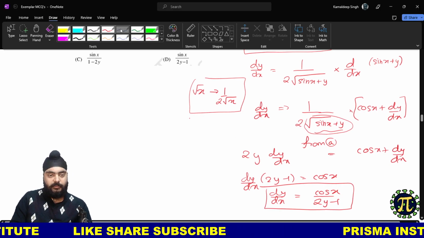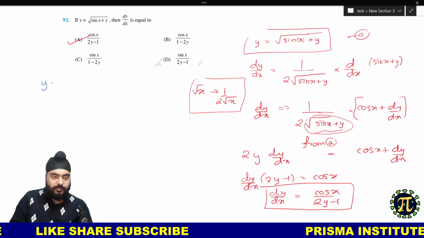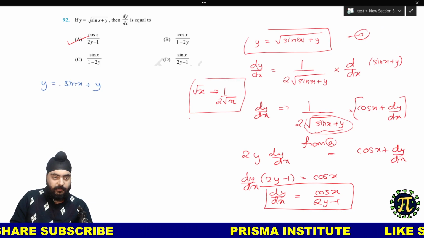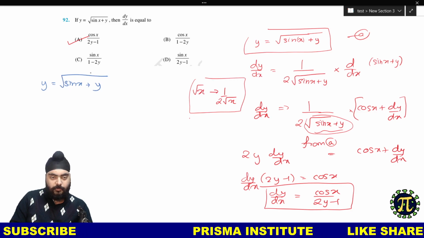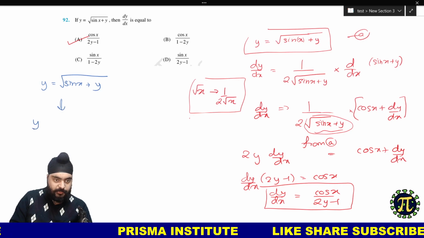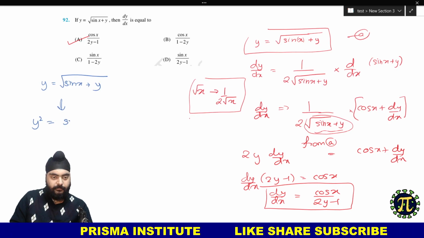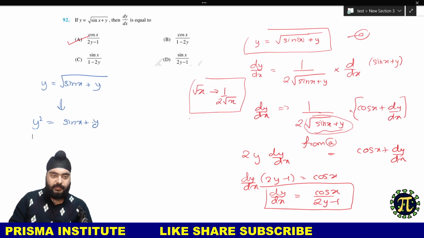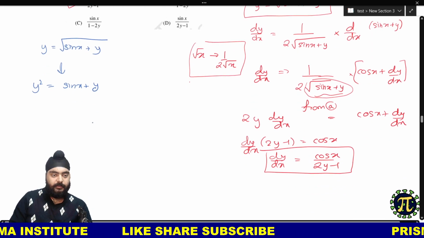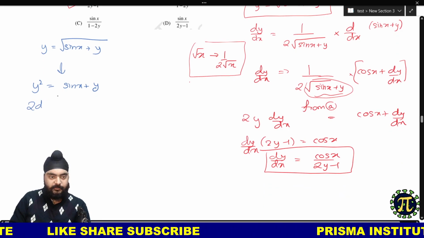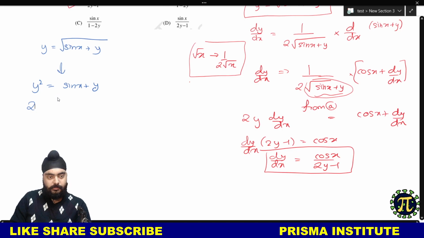So we could have done this question a little bit directly. Our equation is y is equal to square root of sin x plus y. Differentiation of the square root was a little bit difficult. I could have just squared the equation, and then differentiated very easily. Differentiation of y square is 2y into dy by dx, since I'm differentiating with respect to x.